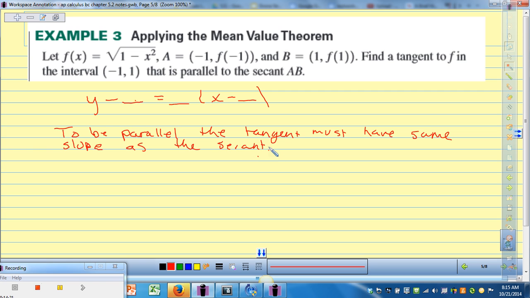Okay, so what does that imply? If our tangent has the same slope as the secant, it's leading us to the mean value theorem, correct? Because that's what the mean value theorem says. So let's check the conditions of the mean value theorem to see if this is possible.